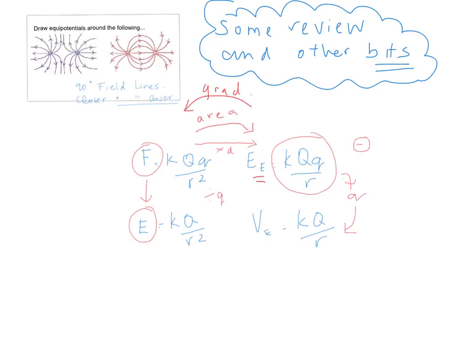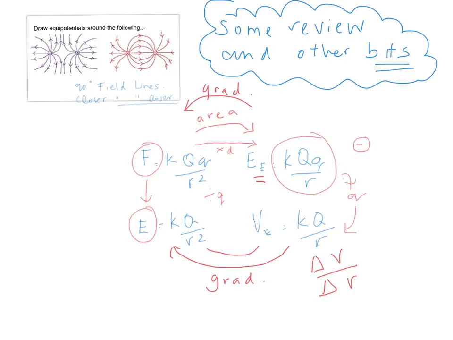The relationship between electric field strength and potential is exactly the same. Our potential gradient, which would be the change in potential over the change in distance this time, would be equal to the electric field, exactly the same as in gravitational fields. So our gradient here would give us electric field strength.